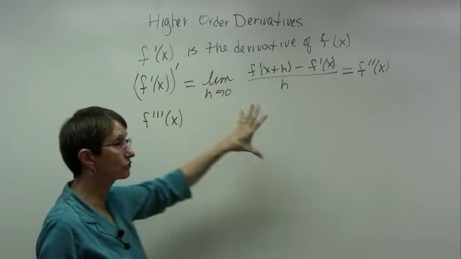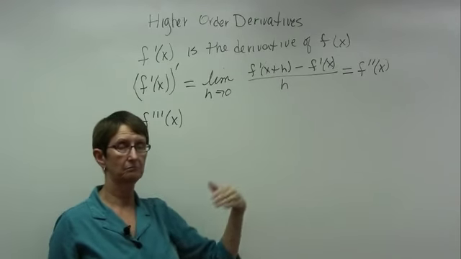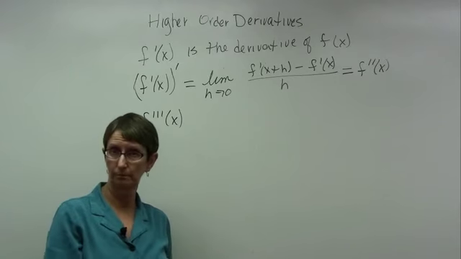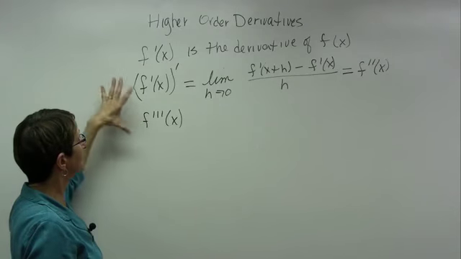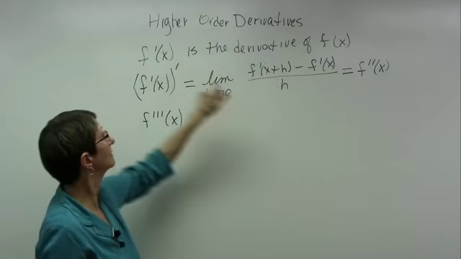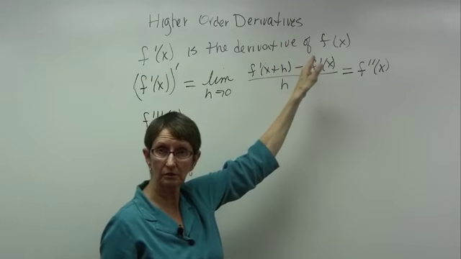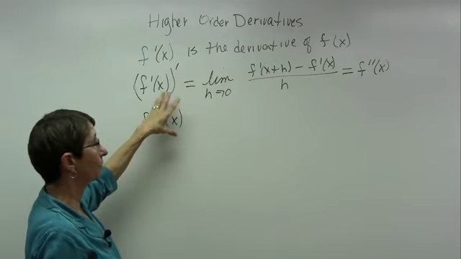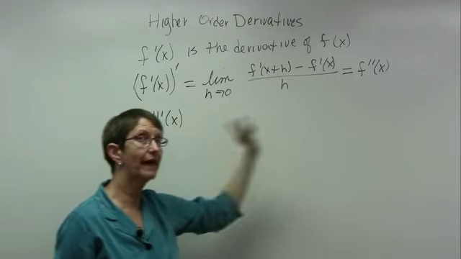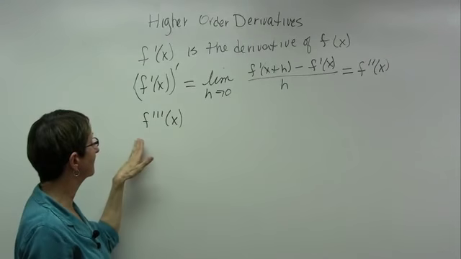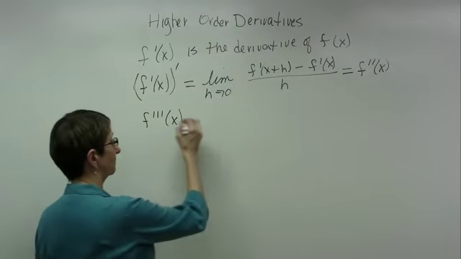So that higher order derivatives will have a place in some of what we do later. But just keep in mind that the derivative is a function, so we can take the derivative of that derivative. And we have the third derivative.